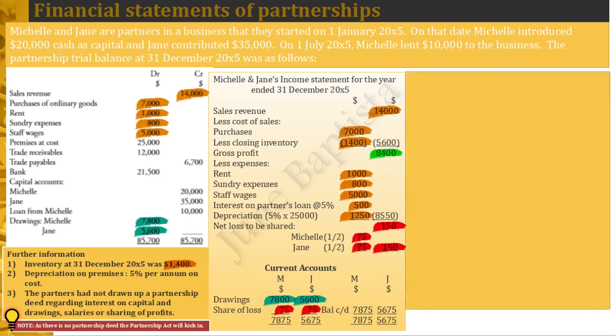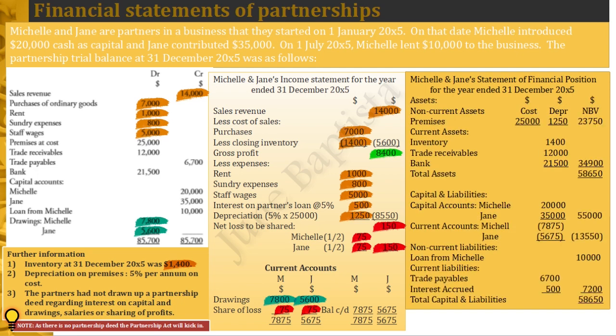Let us now draw up Michelle and Jane's Statement of Financial Position for the year ended 31st December 20X5. Assets. Non-current assets. Premises. Cost $25,000 less depreciation $1,250 to give us a net book value of $23,750.